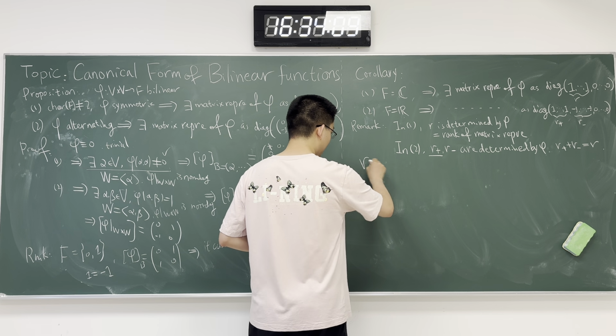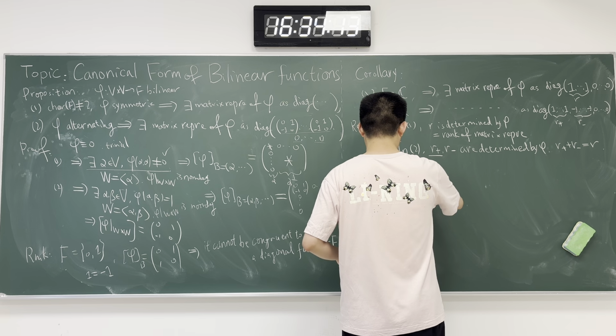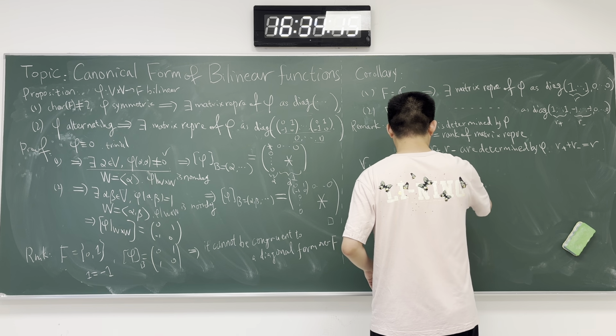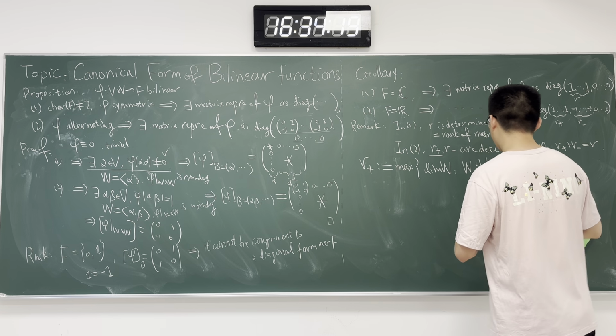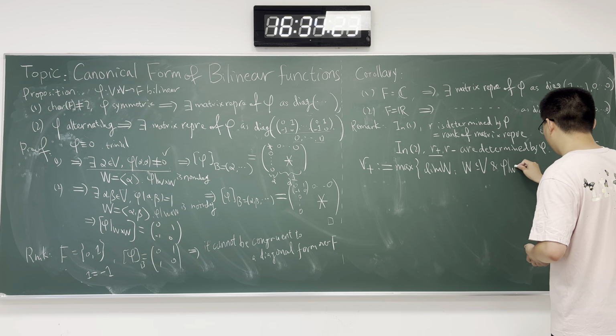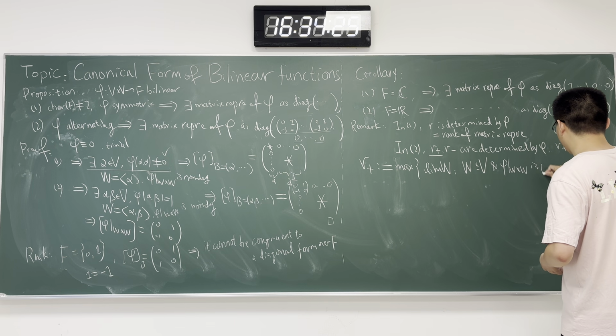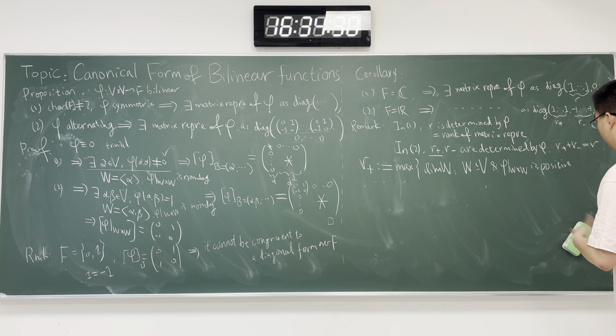Say r plus actually equals the maximum of dimension W, where W is a subspace of V, and our bilinear form restricted to W is positive definite, which means that for any non-zero alpha, we have phi(alpha, alpha) strictly greater than 0.